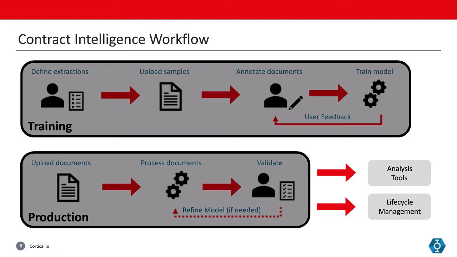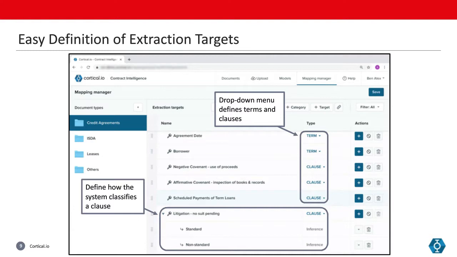Now, let's take a quick look at how the user interacts with the system. Here you see a screenshot of the user interface the subject matter expert uses to define the terms and clauses they wish to extract. Terms might include parties, dates, or amounts, while clauses are potentially multiple sentences or paragraph descriptions that cover items such as termination, insurance, or use of proceeds.